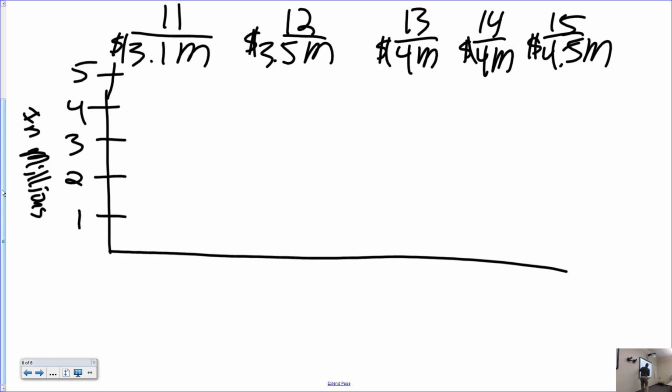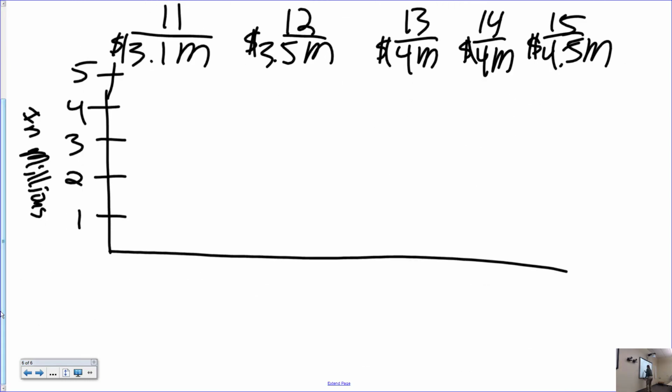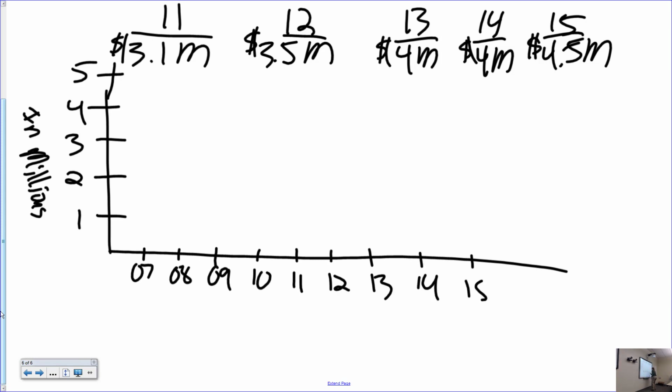Because you don't care about whether it's 2.6999963 or whether it's 2.6888472. Those are both going to look exactly the same on the graph, right? But you're going to get close so that it looks like it's a decent deal. And then along the bottom, you'll have 07, 08, 09, 10, 11, 12, 13, 14, 15, years after 2000.